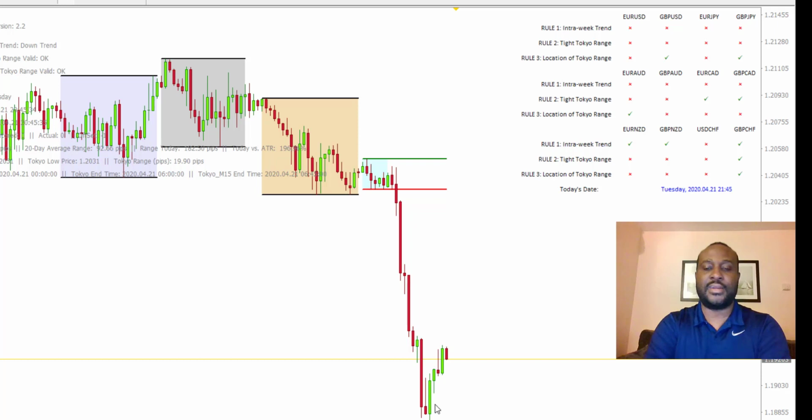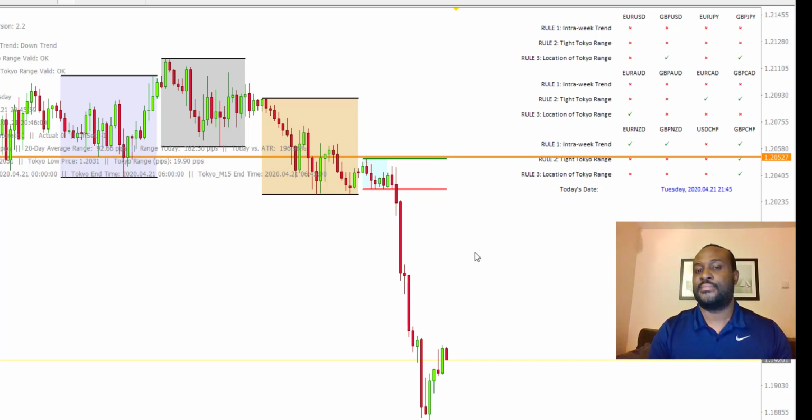GBP completely just went negative against the Swiss franc CHF. So in this strategy, I like to place my stop loss most times at this level. So for a sell trade, I want to place my stop loss there, and my entry for a sell entry is at the red.